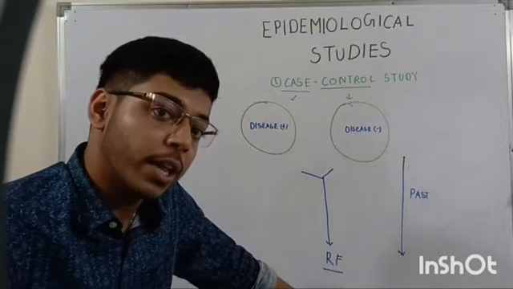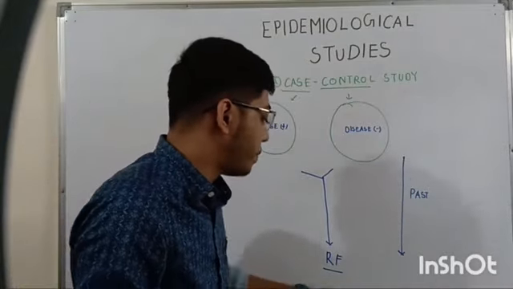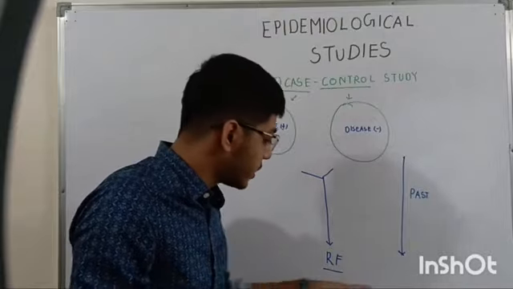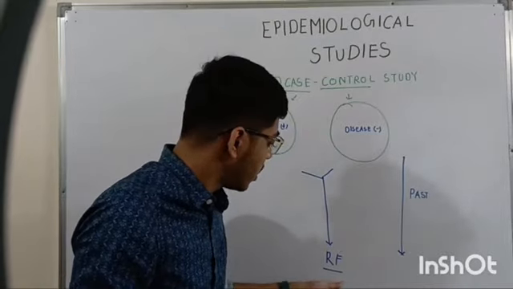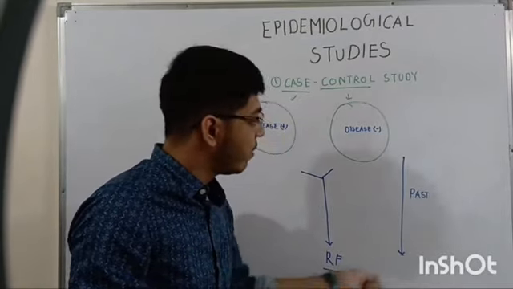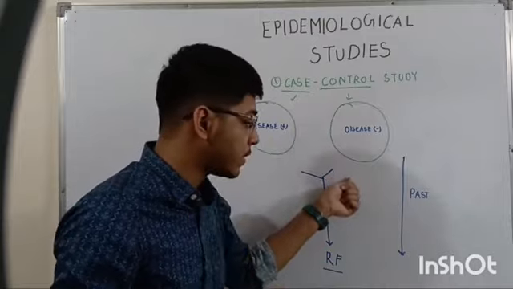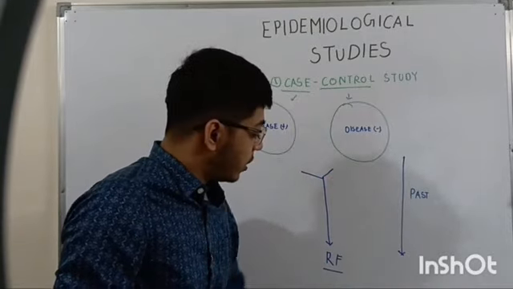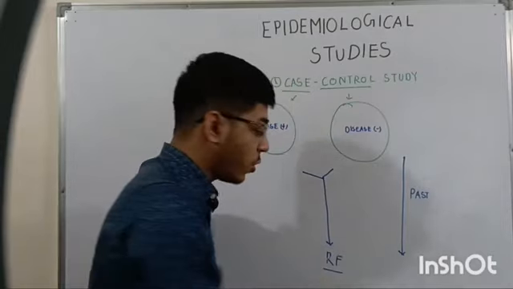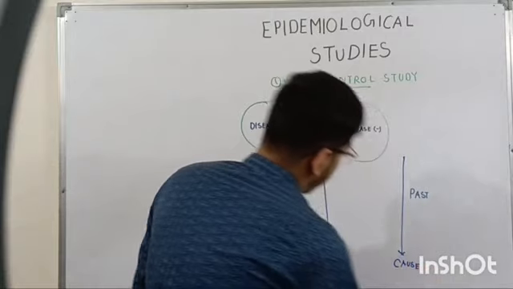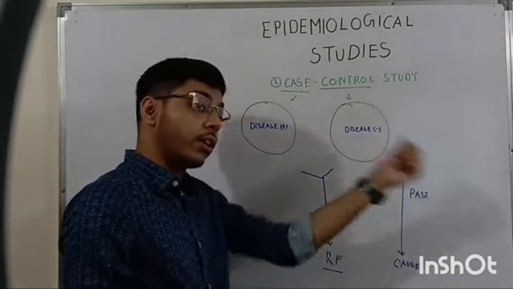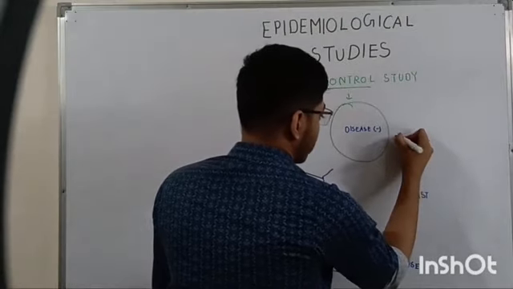If we think of it from another point of view, at the past stage, the person had the risk factor, which can be acquired, it can be anything, and then he developed the disease. I am considering this from a past point of view. So this risk factor becomes the cause, and the disease is the effect of the cause.